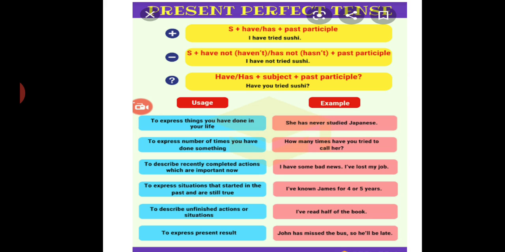Okay, now look at how to make use of these present perfect tenses. We can use present perfect tenses to express things that you have done in your life. You can say, she has never studied Japanese. That's a negative sentence.